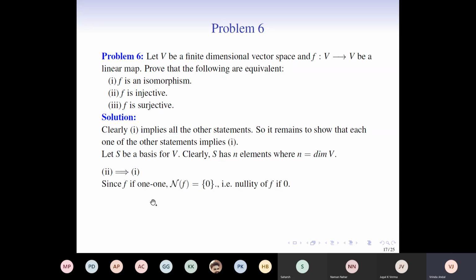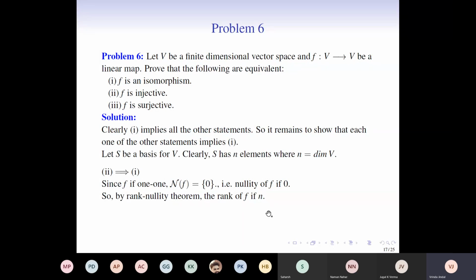Since f is 1-1, using the property that f is 1-1 if and only if the null space of f is 0, the null space of f consists of only the 0 vector, so the nullity of f is 0. By the rank-nullity theorem, rank of f plus nullity of f should be equal to the number of elements in the basis of V, which is equal to n.